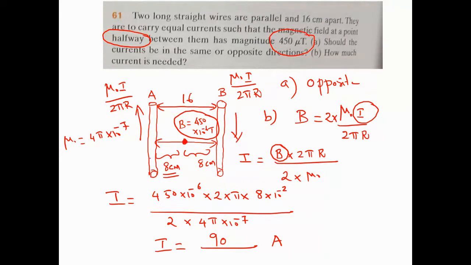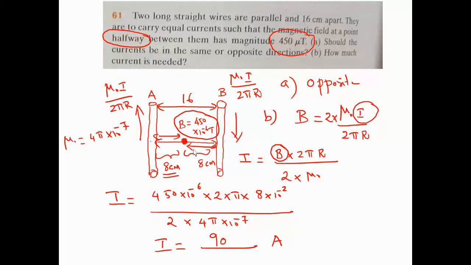So from wire A to the point where you have the magnetic field, you have 8, and likewise from wire B to the magnetic field you have another 8. Clear? Doctor, it should be 16, but he said halfway, so we use 8. If he didn't mention halfway, we would use 16, right?